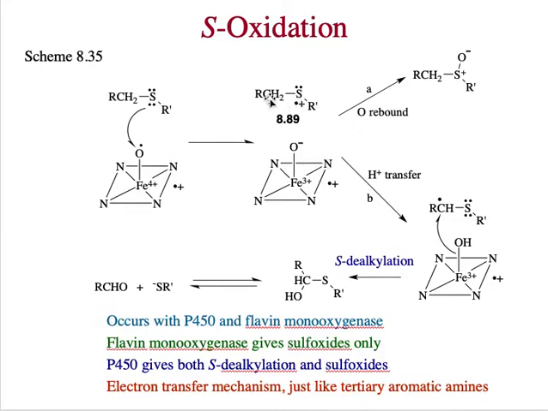So we have a radical cation and a formal anion on the cytochrome P450. Then through a rebound mechanism, this oxygen is going to transfer to the sulfur radical cation. You don't really draw an arrow for something like this, but if you were to, it would be from the bonds going there. That's the O rebound in that case.